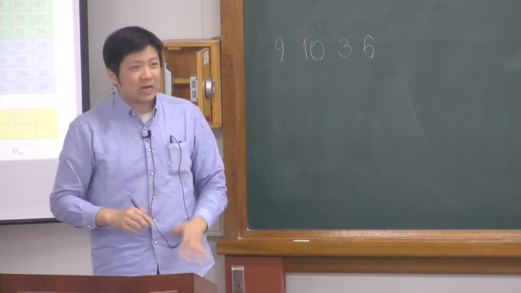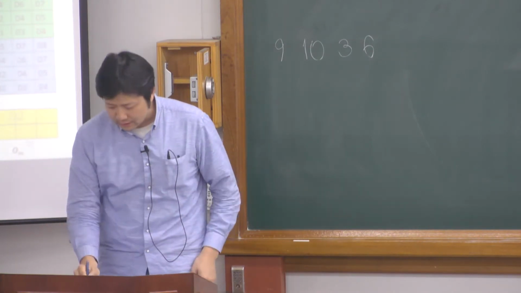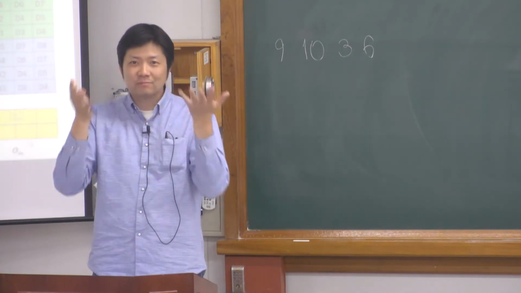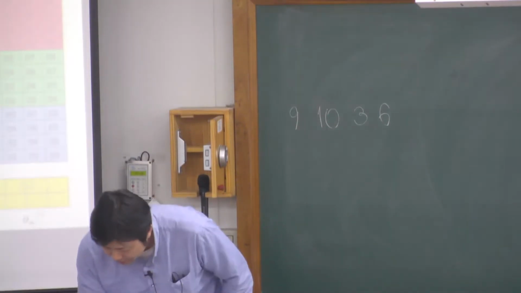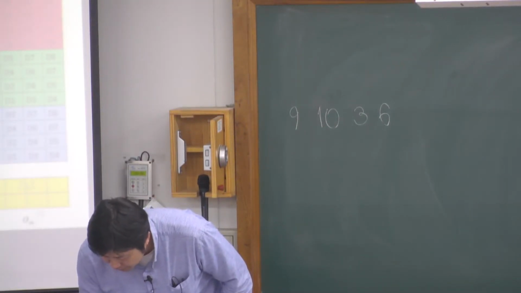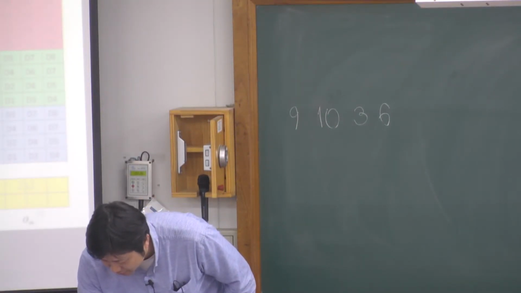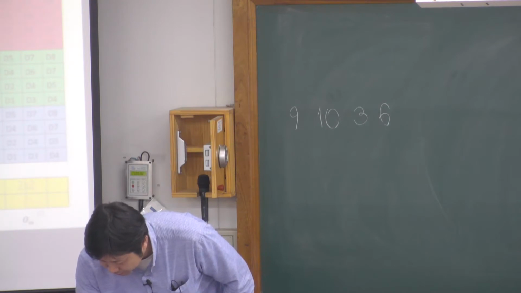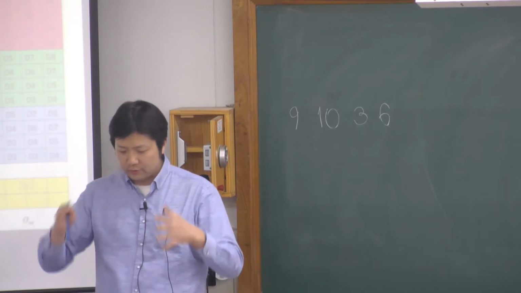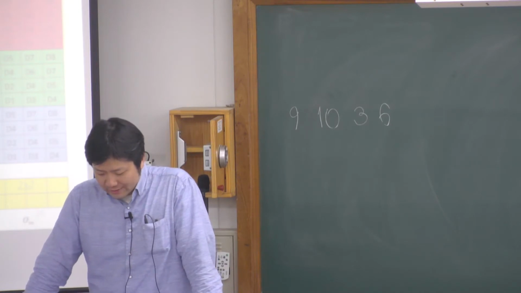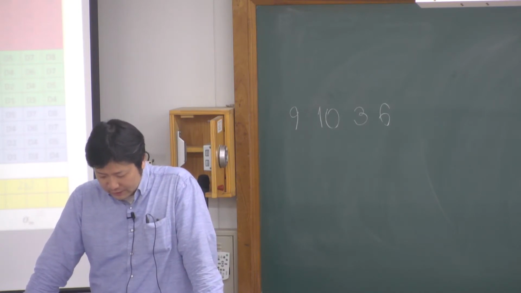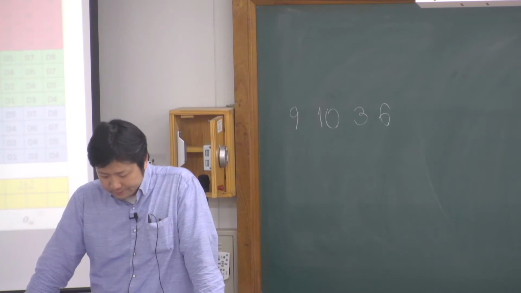You can think of it as RGB, red, green, and blue. And each image has 3 by 3 pixels. So this is a red image, green image, and blue image. We have 3 input channels, and each image has 9 pixels, D0 through D8.